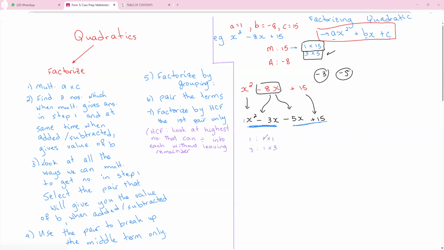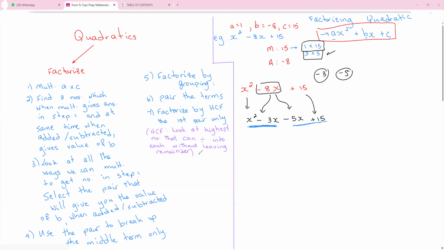So the highest number in common would be 1, right? So if you have trouble finding the HCF, look at each number, all the ways that you can multiply to get that number, and you choose the highest in common. So the highest of the numbers will be 1.